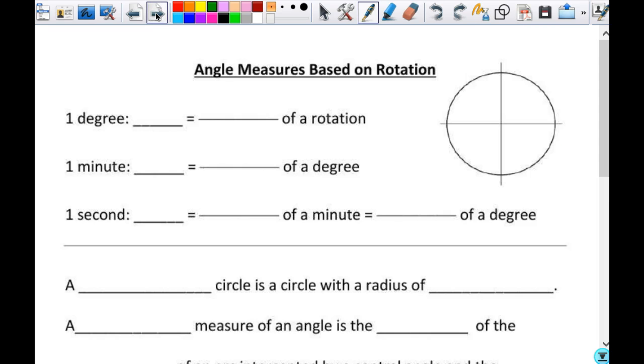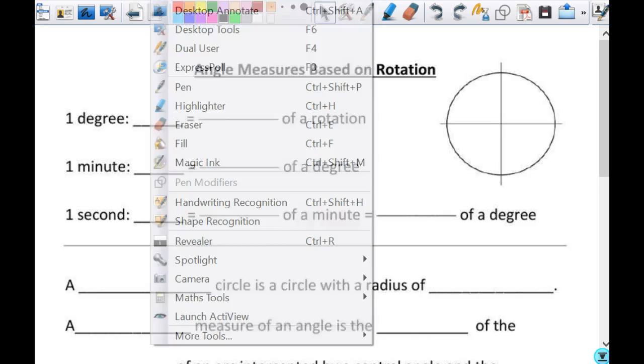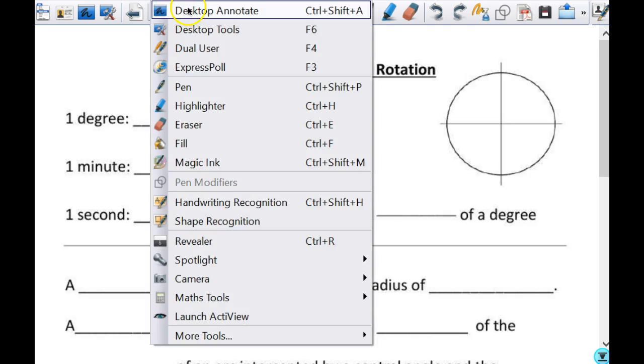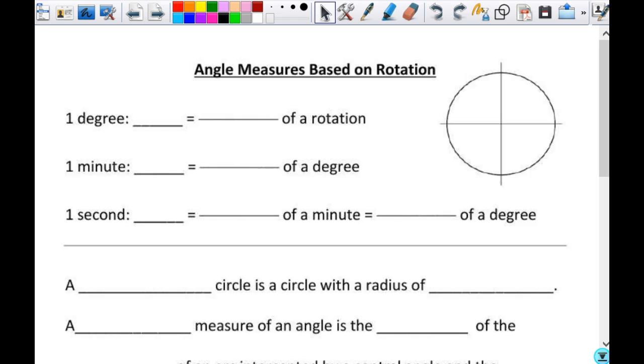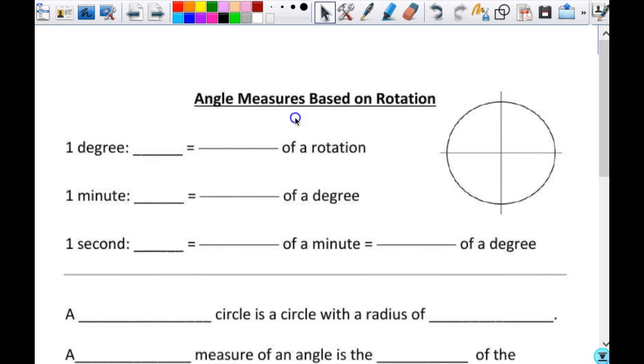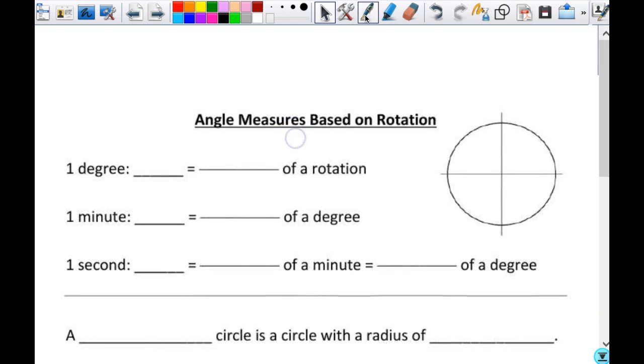All right. So now we're going to look at angle measures based on rotation. In order to do that, I need to move mine down a little bit, because y'all have room at the top that I don't have. All right. So 1 degree. Here we are at 0.